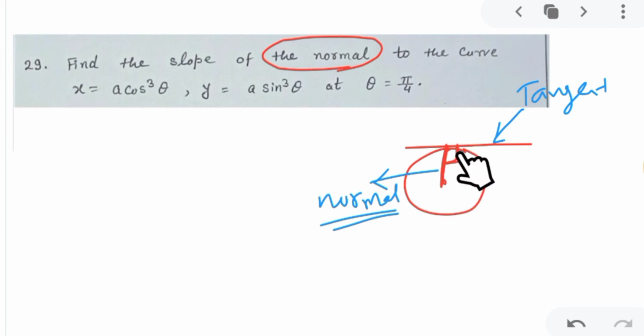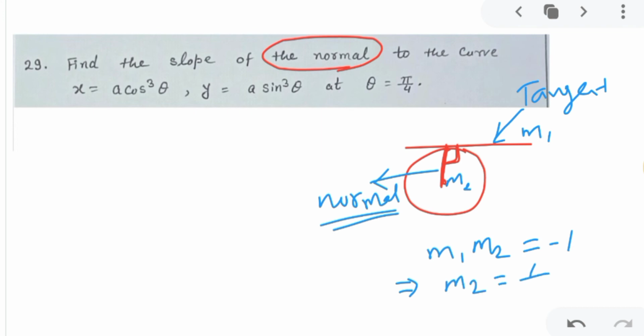So we know if two lines are perpendicular, then the product of their slopes will be minus 1. Suppose this line has slope m1 and this line has slope m2, so m1 into m2 is equal to minus 1. We just got to know the slope of tangent, so the slope of normal, m2, will be minus 1 upon m1.